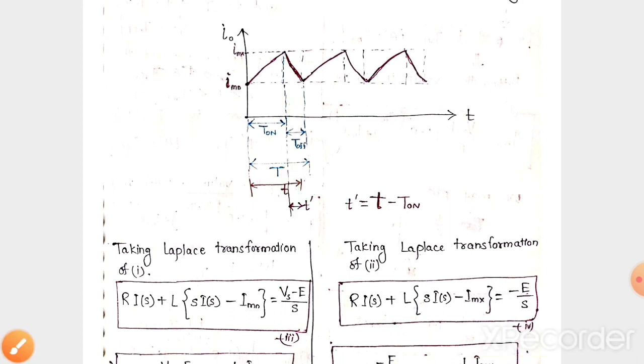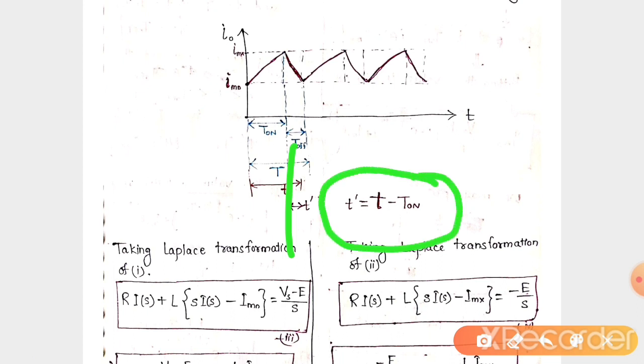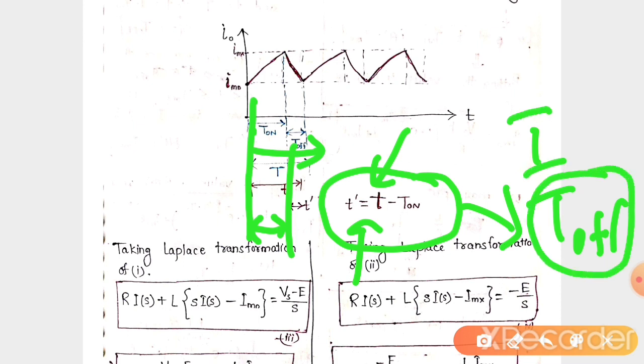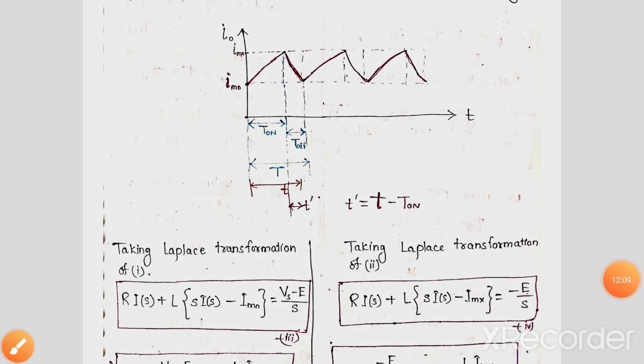So t dash will be equal to t minus t on. This t is measured from this instant, and we subtract this time period of t on to get the other coordinate system t dash for consideration during the off period. When we are trying to find the expression of current during off period, then we will be using this t dash instead of t.